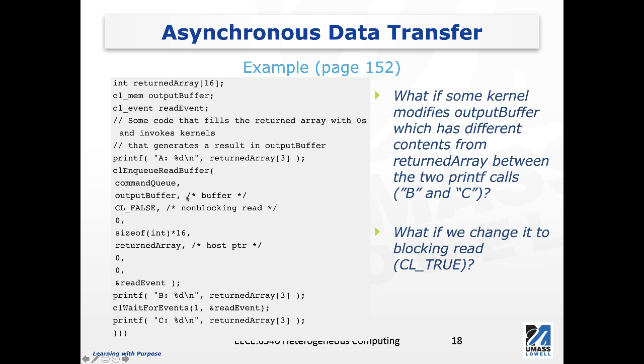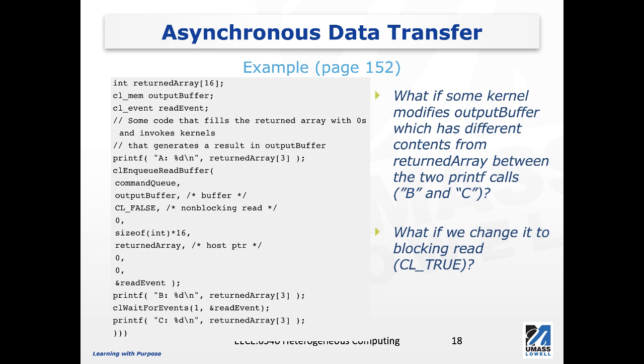So let's go over this enqueue read buffer API again. Because we have this non-blocking read, this API in fact will go through, will finish no matter whether this read operation is indeed completed or not.